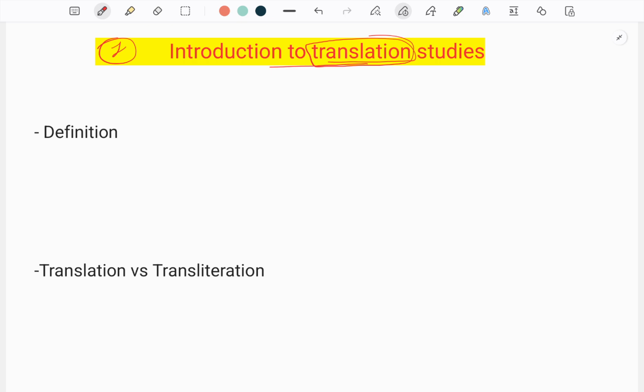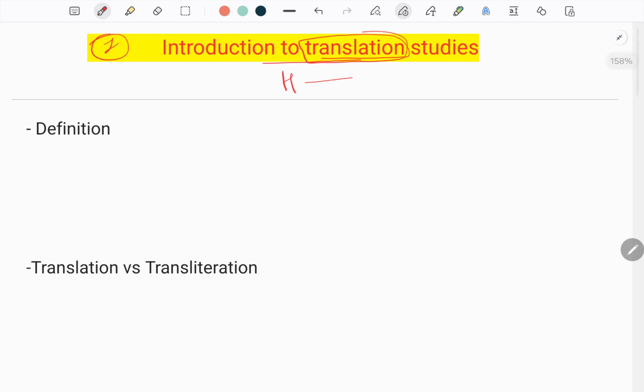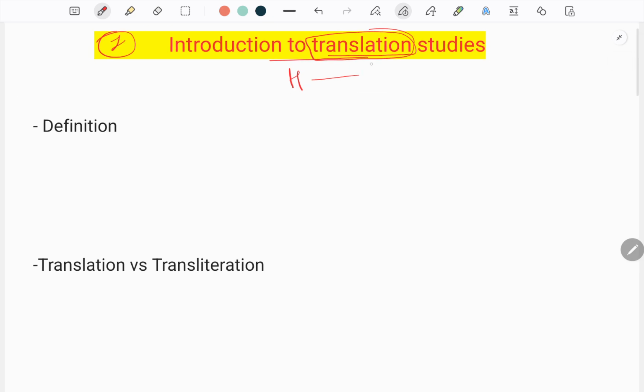If it is written in English, it says kindly translate this sentence into Hindi. So translation meant only that if we get a form, we just change that form. If we get a sentence in Hindi, we convert or transfer that sentence into English, and this is what we knew as translation.